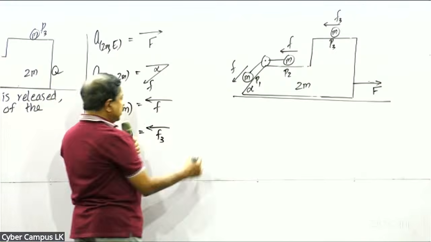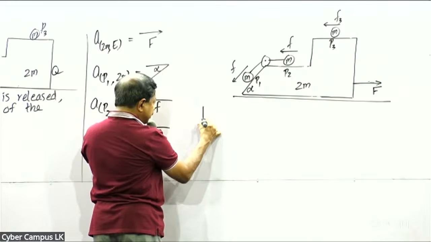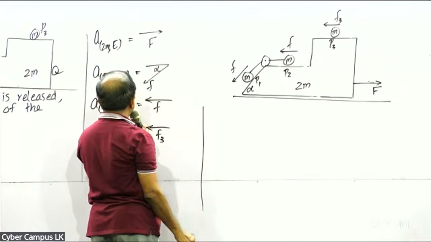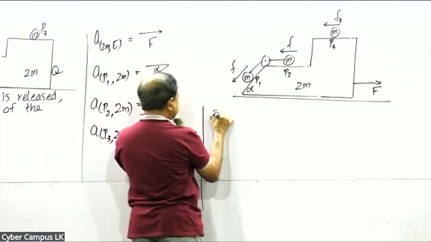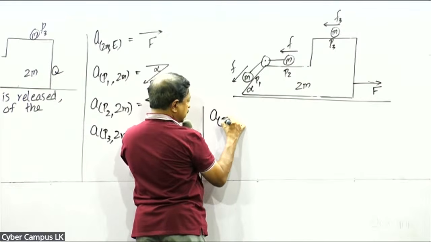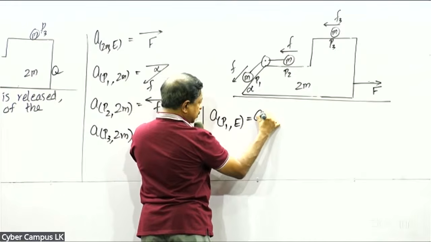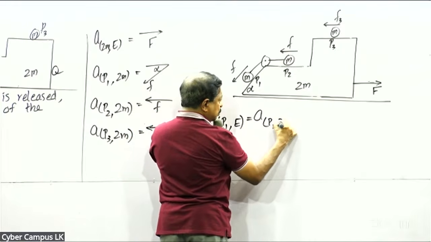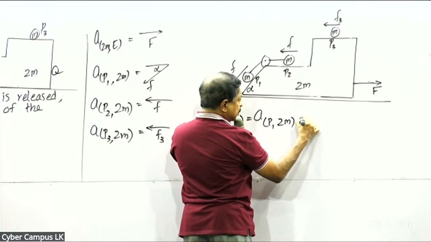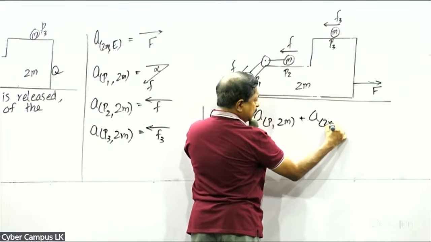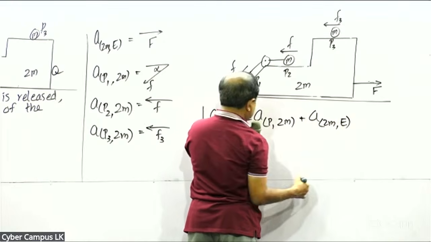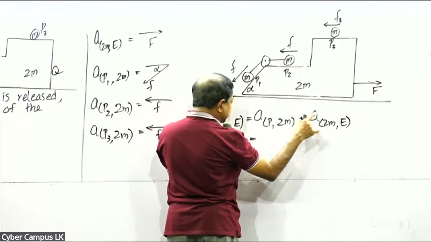Now, we don't need them. We need the accelerations relative to the Earth. For P1, you can write it like this: P1 relative to the Earth, where you put 2m in the middle, like vector notation, P1, 2m, E. Everything here is known.